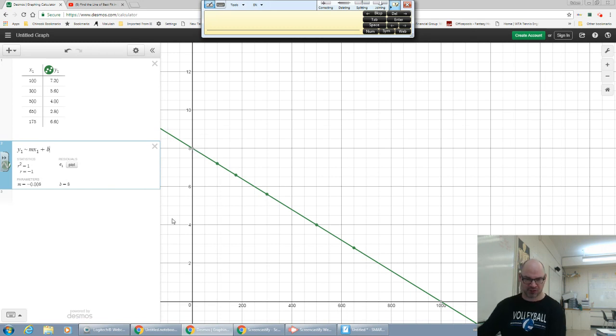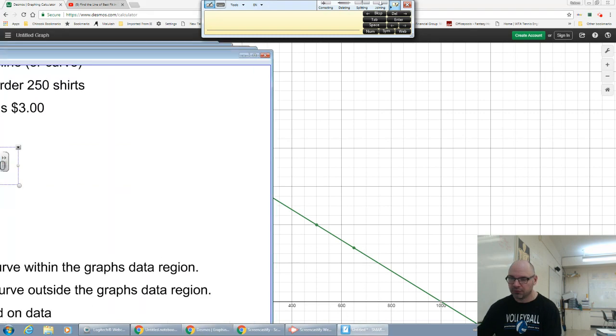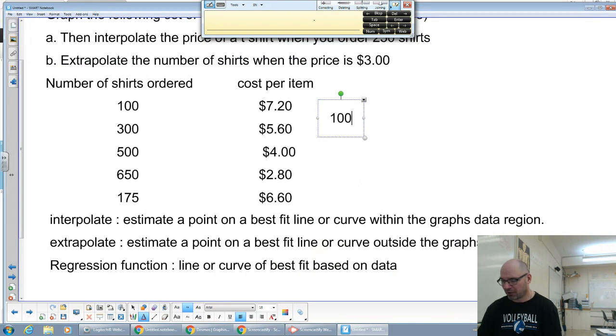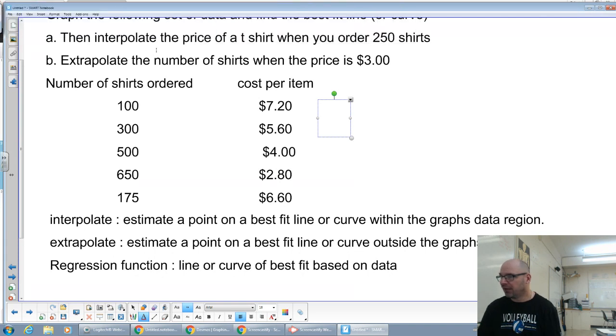Now, if we wanted to extrapolate, okay, and according to our question on here, if I bring this back over, I don't know why I got 100 there. Sorry about that. If I bring this back over, they want us to interpolate the price of 250 shirts.